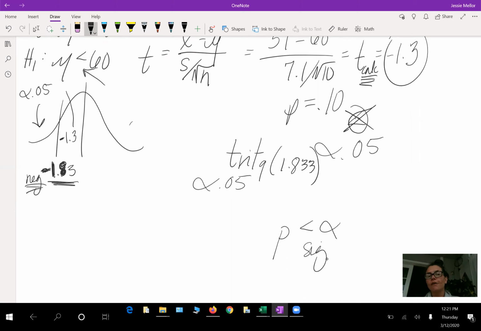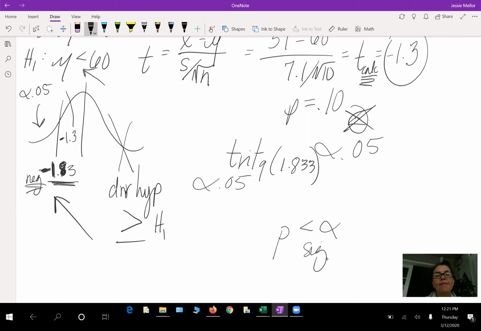We're on the left side because we have a directional hypothesis with a less than in that alternative. So I have a 1.833 as my t critical, and it has to be beyond that for this to be significant. But I calculated a 1.3. It's not beyond that, so it's not significant.